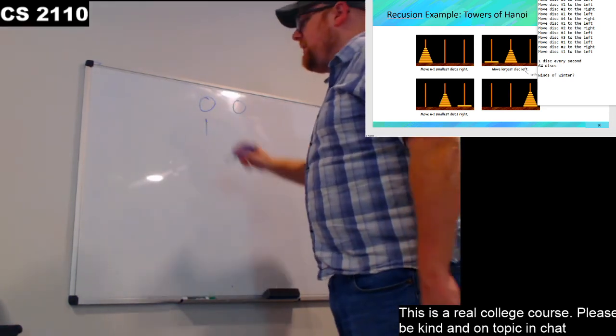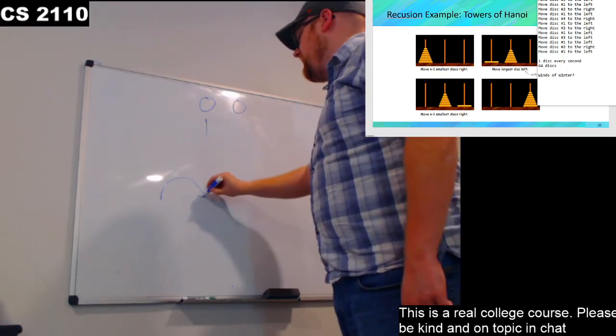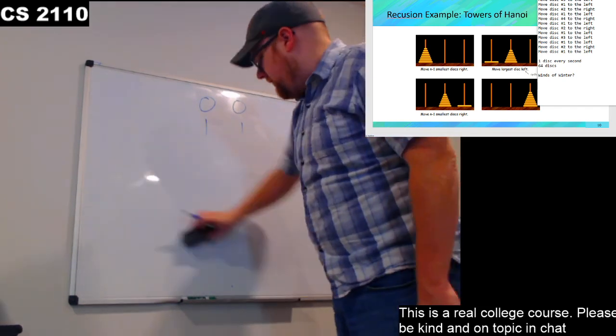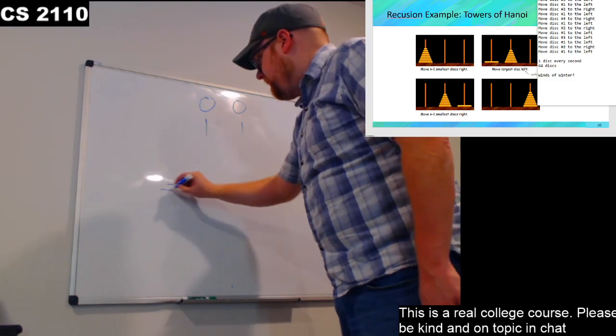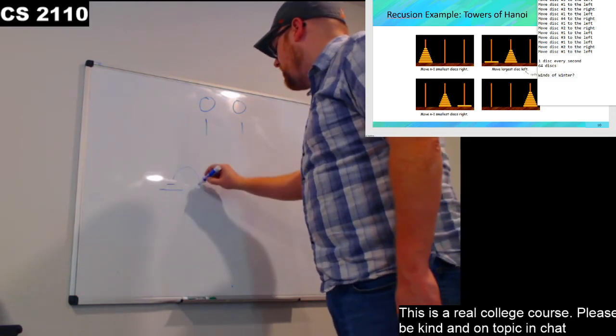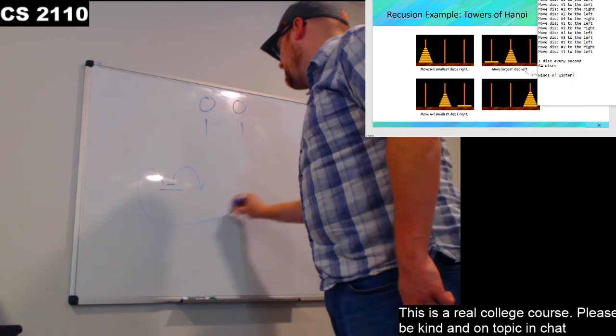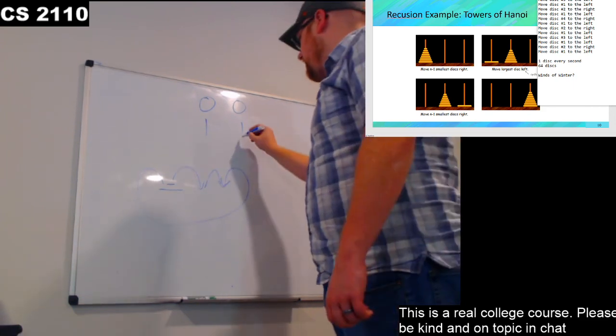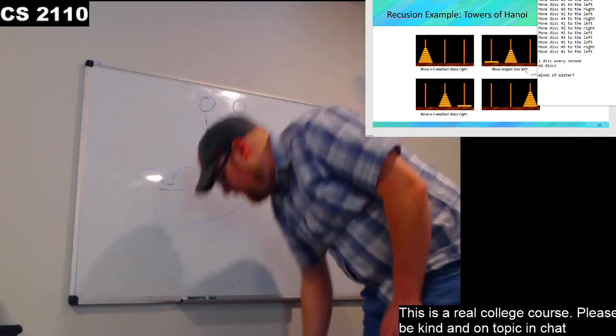And if we have 1 disc, all we have to do is move the disc from left to right, so that's only 1 second. If we have 2 discs, you have to first move the small disc to the middle, then move the big disc to the right, and then the small disc to the right. That takes 3 moves, 3 seconds.